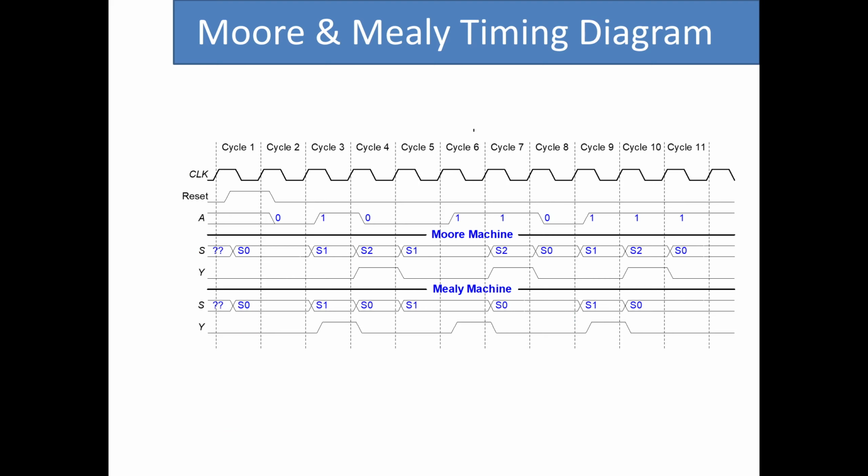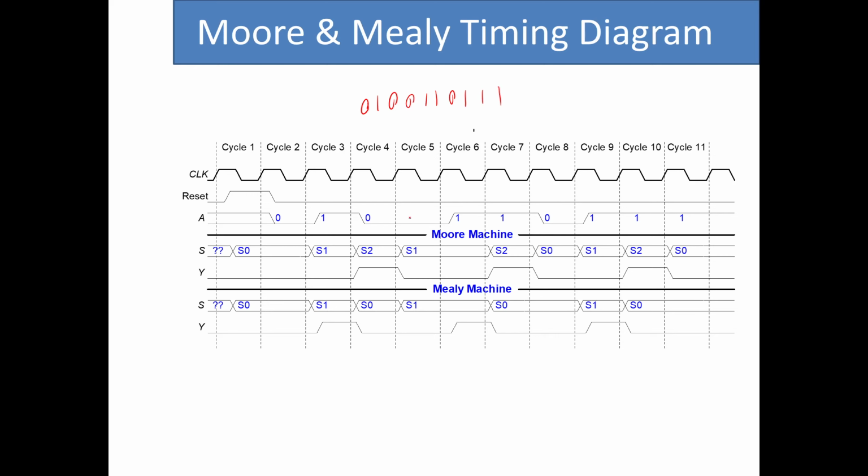So now that we have seen this, we can quickly take a look at the timing of these two circuits and see whether they produce the result at different times. So here what we have is a pattern of 0, 1, 0, 0, 1, 1, 0, 1, 1, 1.